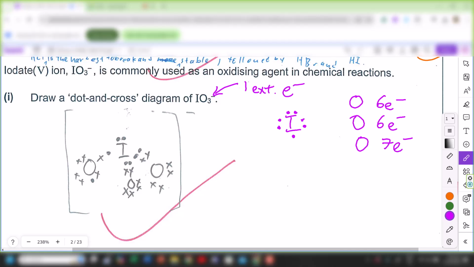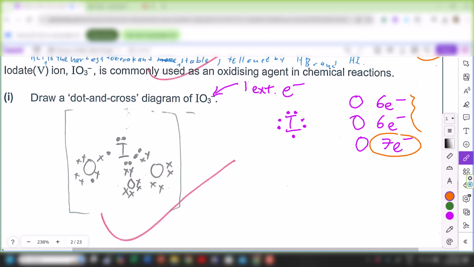Based on this, you make a decision in forming bonds by looking at the number of valence electrons you are dealing with. So in order for oxygen to have the octet configuration, these 2 oxygen must share 2 electrons, and this one must share 1.